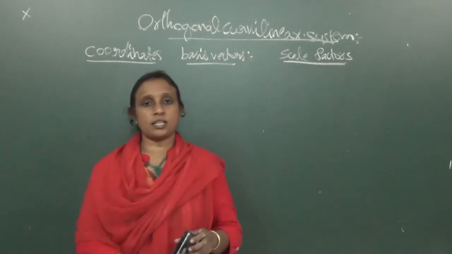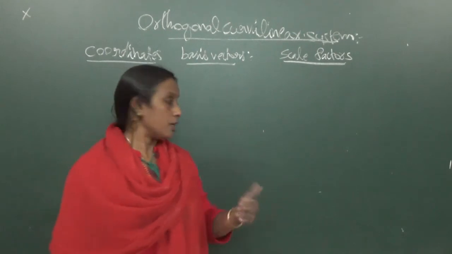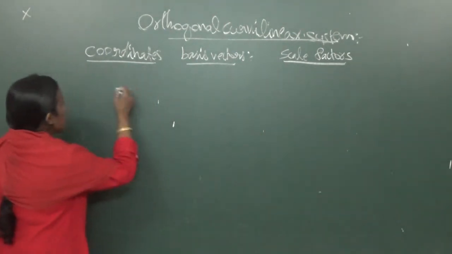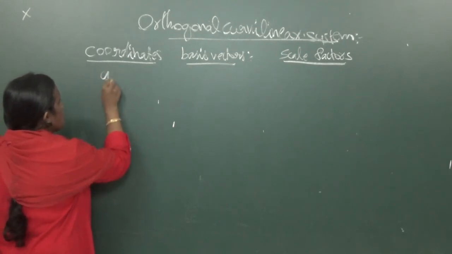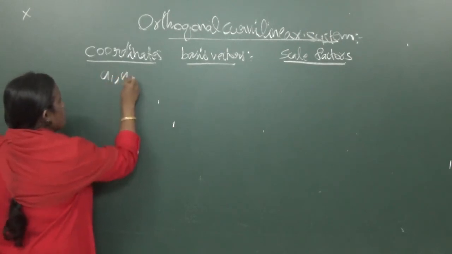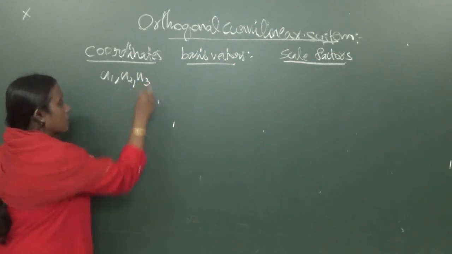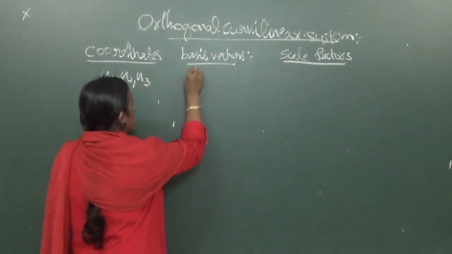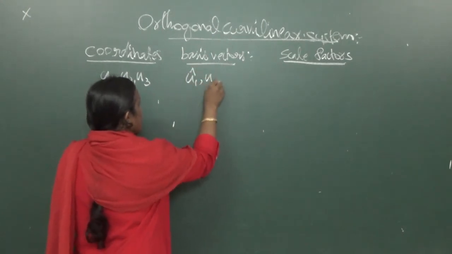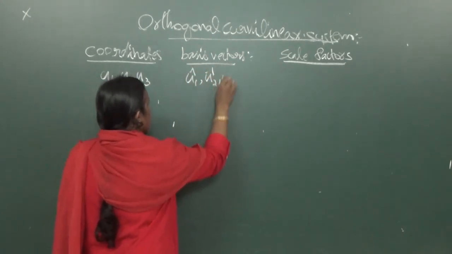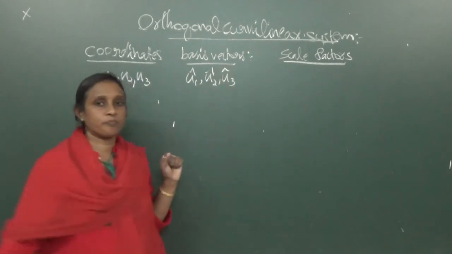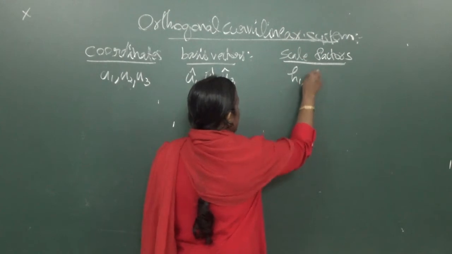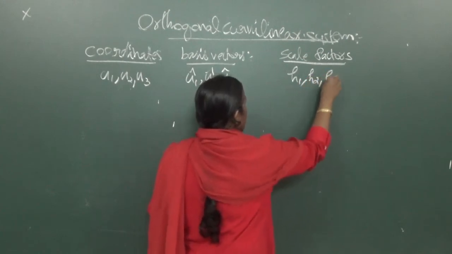Using these, you can write any differential operator in the spherical or cylindrical system. For that, let U1, U2 and U3 be the coordinates. Then the corresponding basis vectors are U1 cap, U2 cap and U3 cap, and the corresponding scale factors are H1, H2, H3.